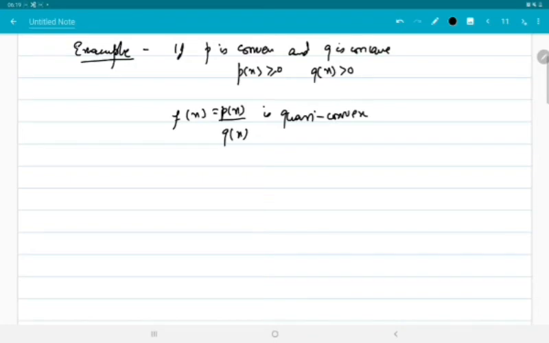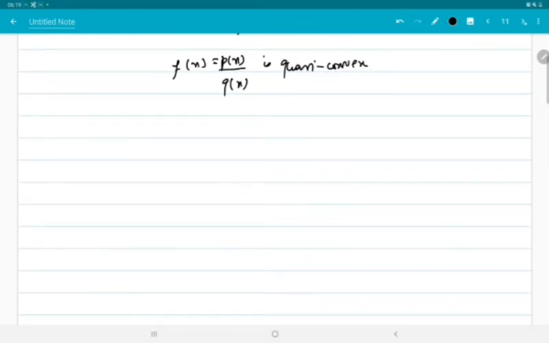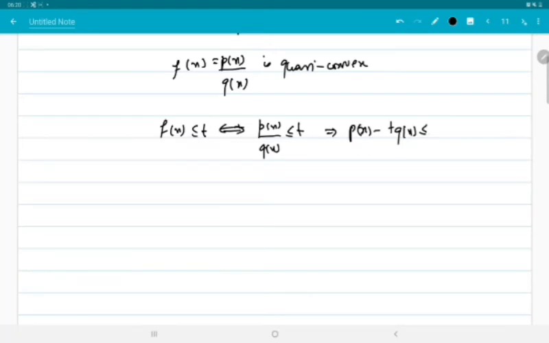If this is the case, we can define the t level set for f of x by stating that it is the set of x for which f of x is less than or equal to t. But this will be the same as the values of x for which p of x by q of x is less than or equal to t, that is, p of x minus t q of x is less than or equal to 0.